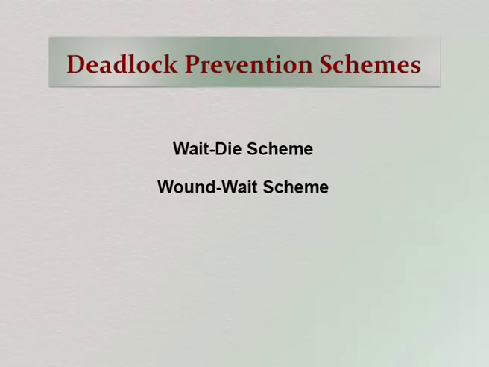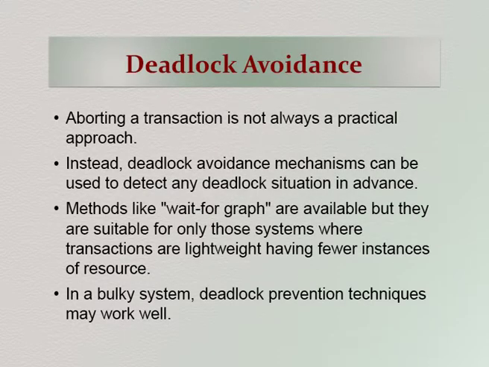Likewise, you have another scheme called the wound wait scheme. Once again, it follows a kind of timestamp mechanism. And before talking about the deadlock prevention schemes, suppose something has already happened and it is in the deadlock state. So, how to avoid it? Aborting a transaction is not always a practical approach.